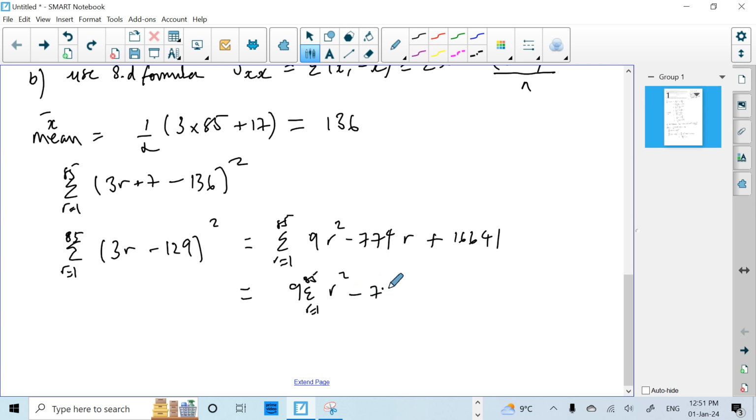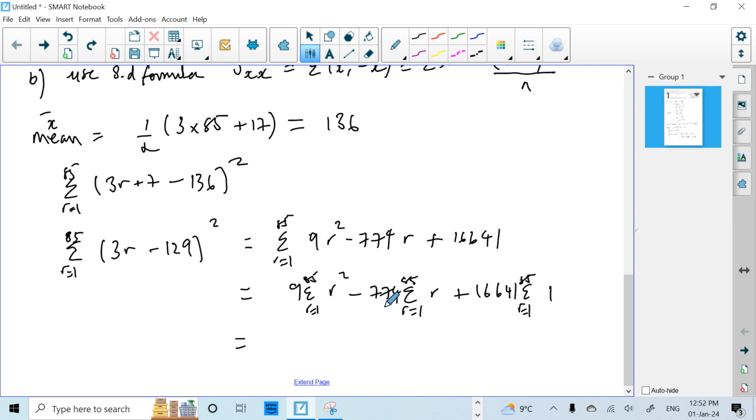Minus 774, and again we have to split, the sum from r equals 1 to 85 of r, and plus 16641 times the sum from r equals 1 to 85 of 1. It's time consuming.